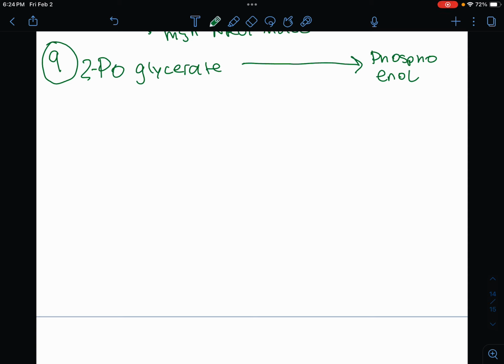notes for glycolysis. All right, 2-phosphoglycerate will transform into phosphoenol. There's a reason why I'm writing it like this, pyruvate.